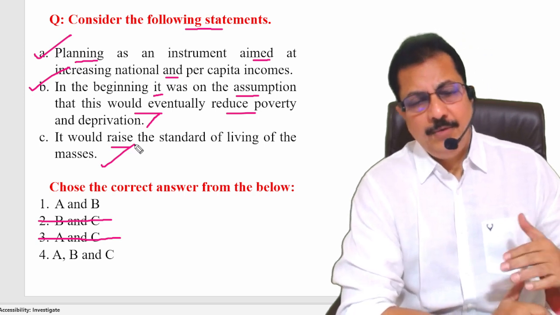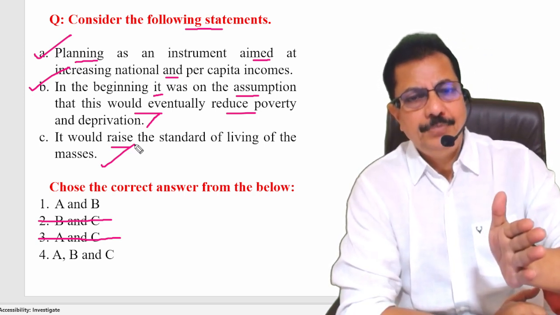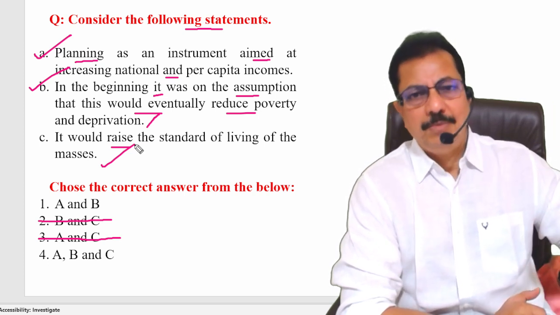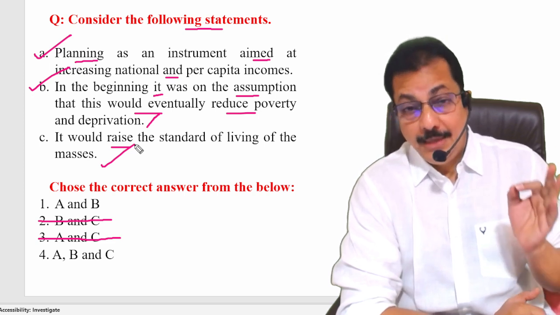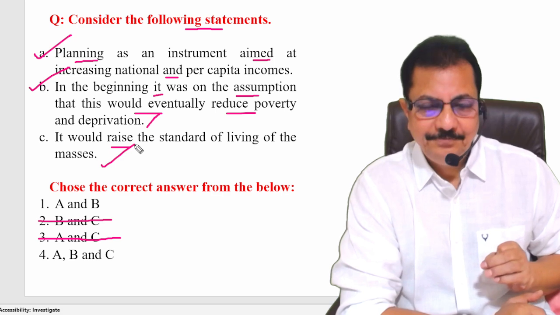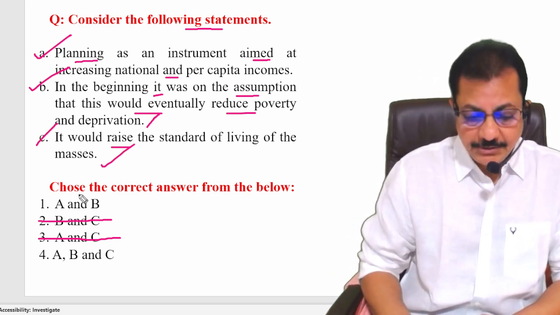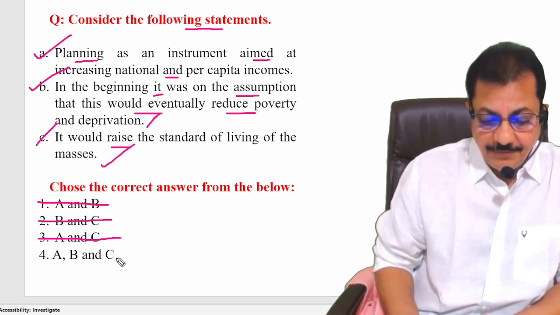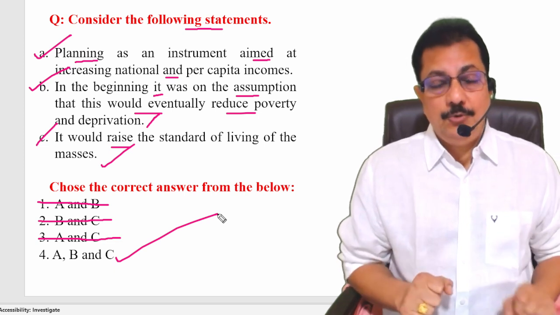So when you are growing for the rapid economic development, when you are increasing your national income, when you are increasing your per capita income, that will lead to the increase or raise of the standard of living. Am I clear? So this is also correct. Since C is not in option 1, option 1 is not my answer, and I am left with only option 4. That is my answer.